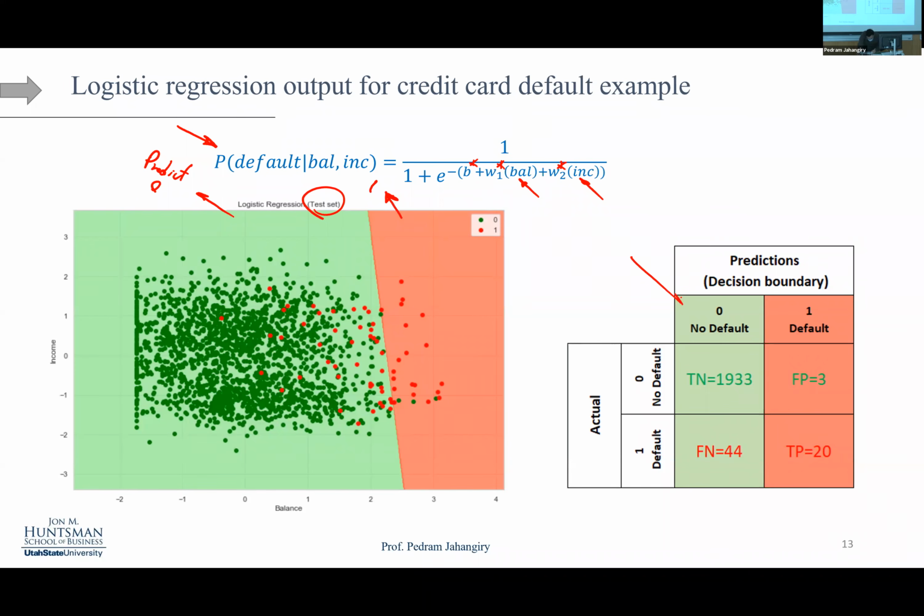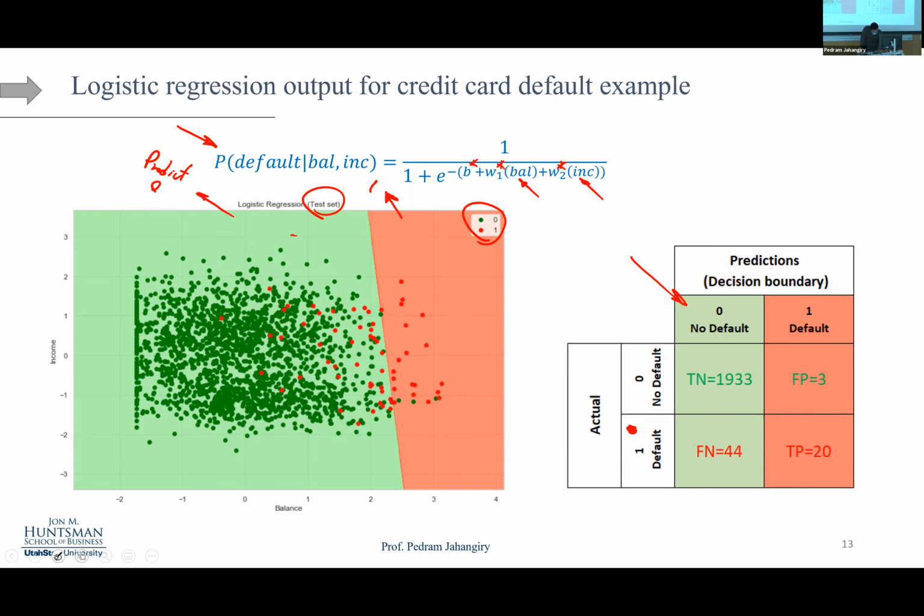So the predictions, the background color: green is no default, red is default, right? The dots themselves are true values. The green dots are the actual 0, the red dots are actual 1. Does everyone follow? So here, these are the dots.